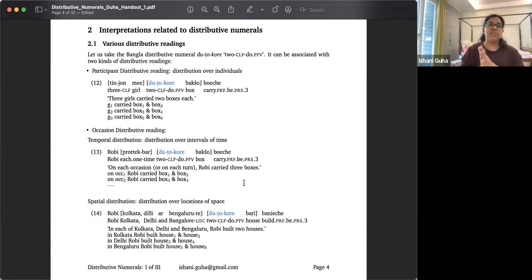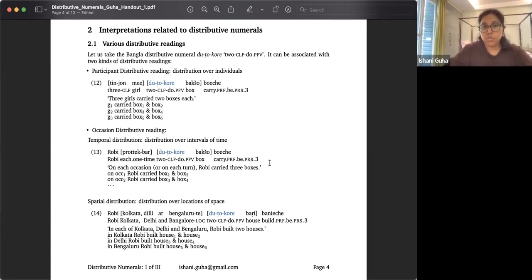So this plural is made up of girl 1, girl 2, and girl 3. All this sentence 12 is saying is that girl 1 carried 2 boxes, girl 2 carried 2 boxes, and girl 3 carried 2 boxes.